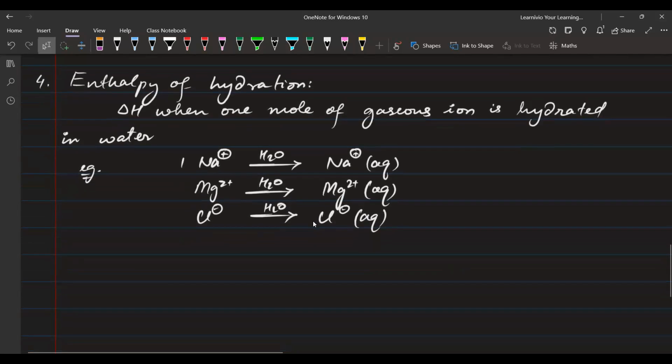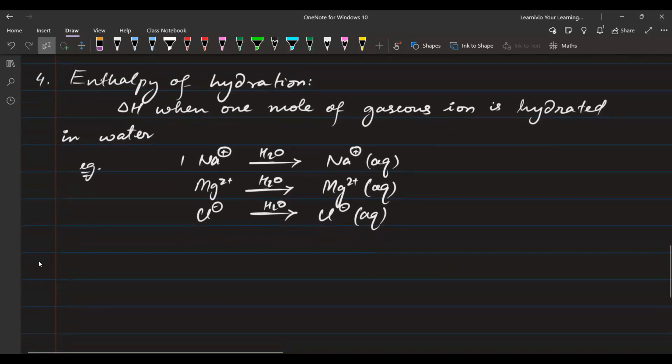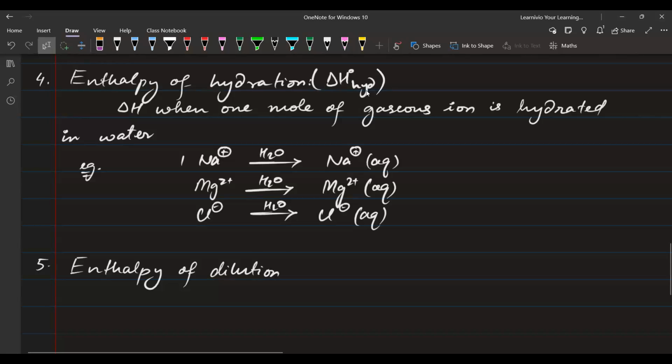Then you will write the fifth part, enthalpy of dilution. Enthalpy of hydration is denoted by delta H naught hydration. Enthalpy of dilution is denoted by delta H naught dil.